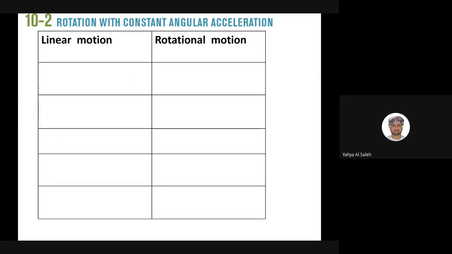Now, let's write stuff down. These are our quantities for linear motion. X minus x naught, so delta x, or as I used to call it S. V for velocity, T for time, A for acceleration, V naught, or I used to call it U. For rotational motion, translation, theta minus theta naught, you can still call it S if you want to.